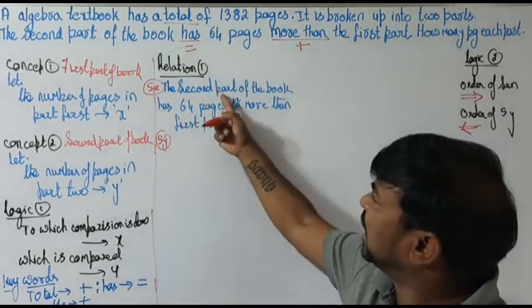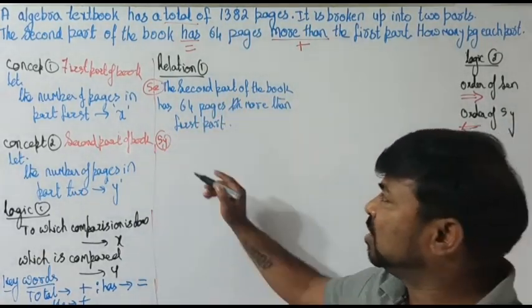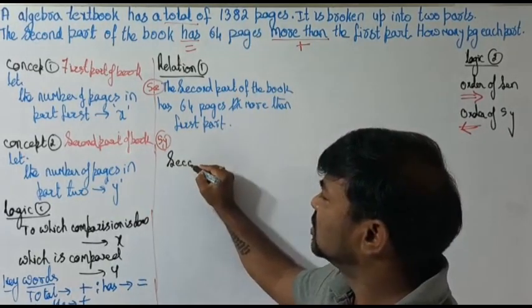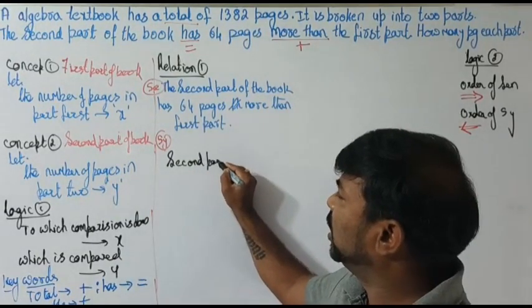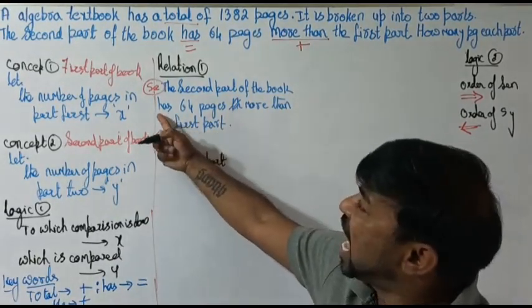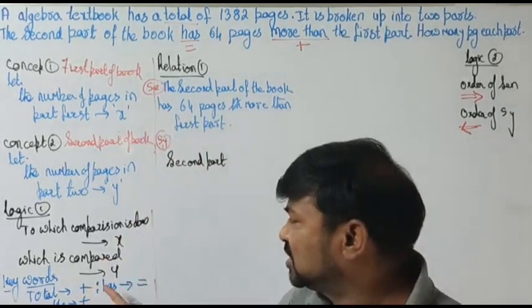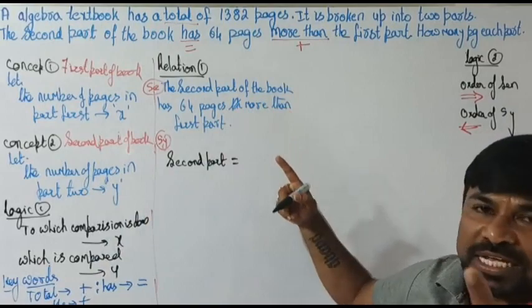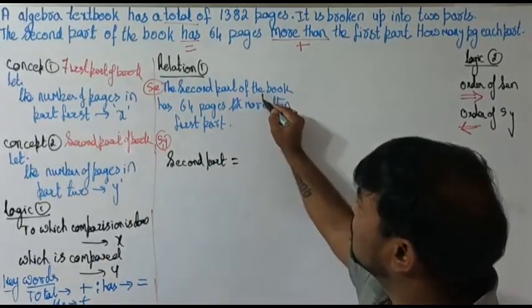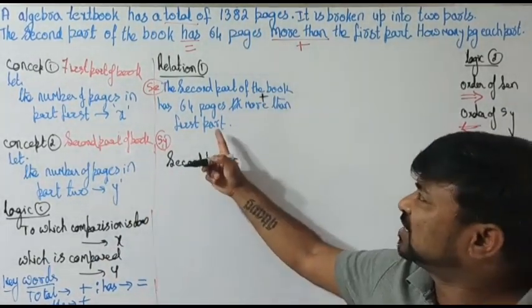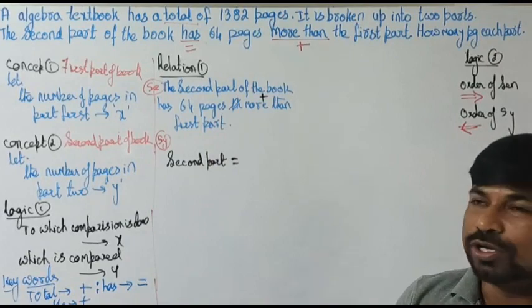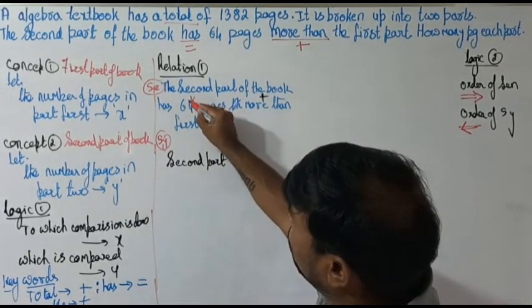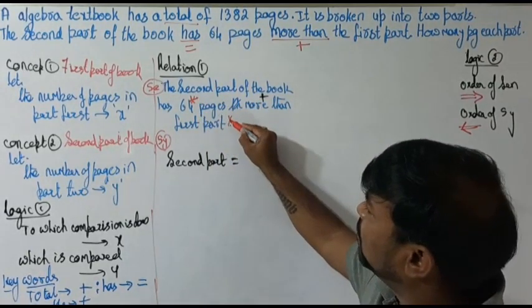That is the second part of the book. Second part, has means equals, as I just said. 64 pages more than, and more than is nothing but plus, first part. Now what you have to remember: 64 is here and the first part is here.